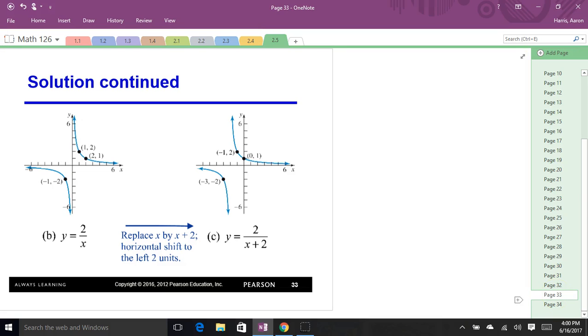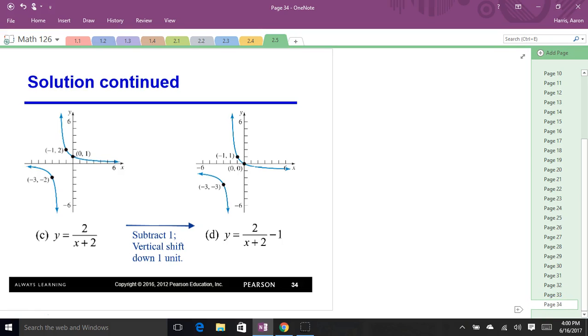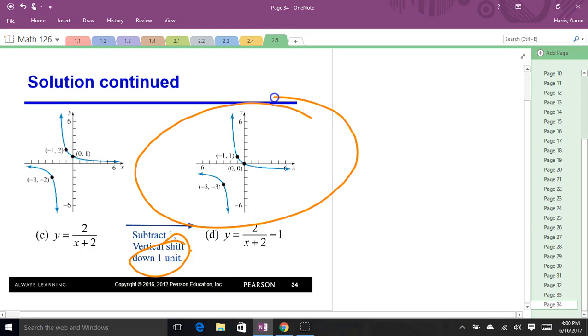And now it's taken that vertically stretched graph and moved it left 2. Notice everything's moving left 2, so that 2, 1 becomes 0, 1. And then finally this thing gets moved down 1. So there's the final graph: vertical stretch by a factor of 2, left 2, down 1.